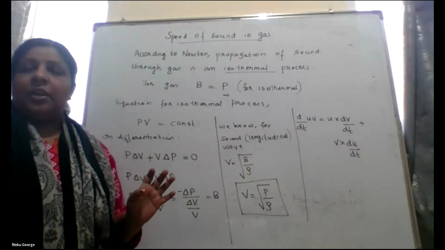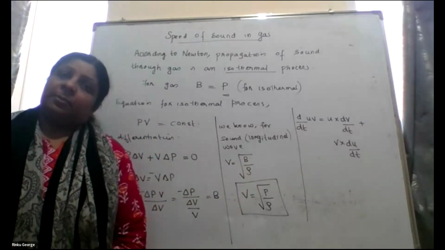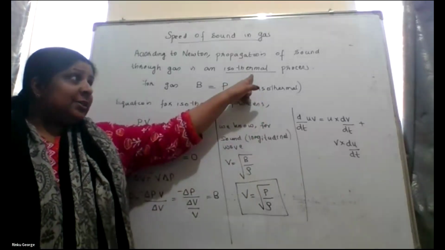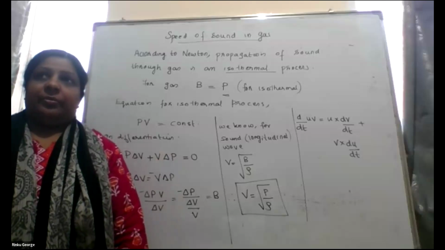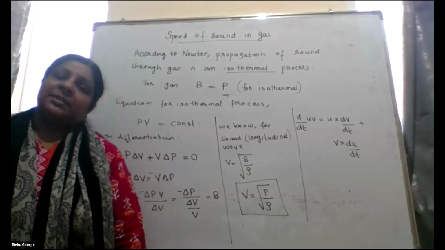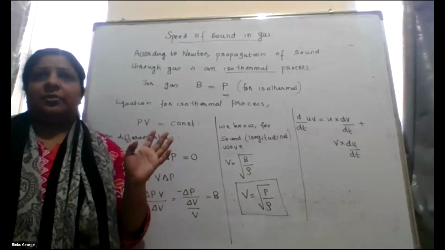Clear? Now, another scientist called Laplace explained that this is not an isothermal process, but an adiabatic process. We call it the Laplace correction. That is very, very important. It is a very important 2-mark or 3-mark question.